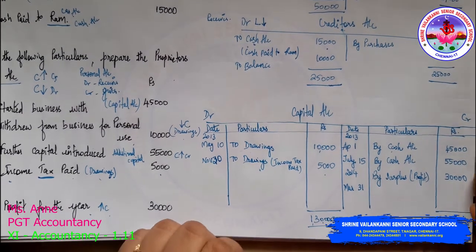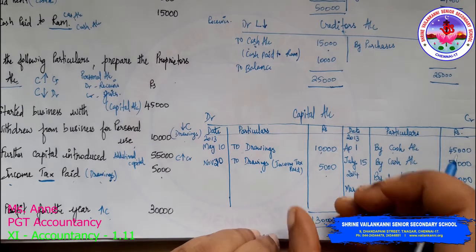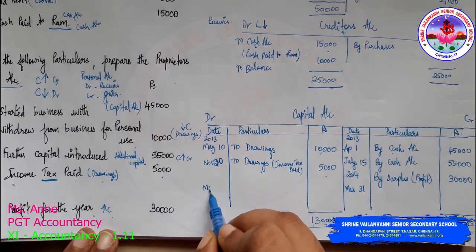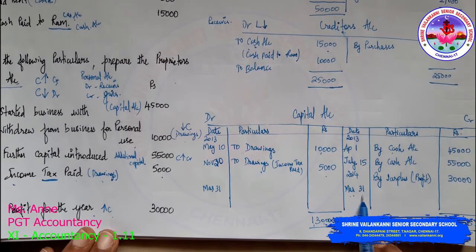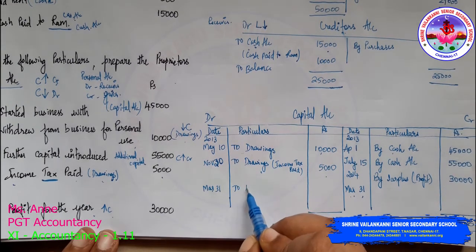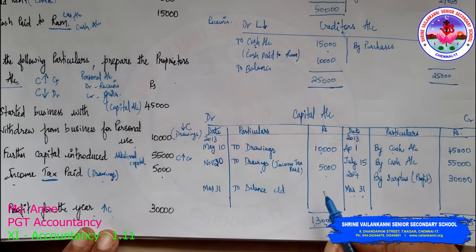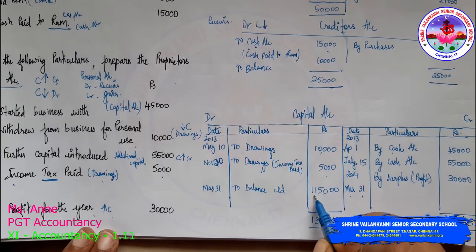The main objective of preparing an account is that we need to find the balance, right? We need to balance the account and find what is the balance here. So by March 31, because the last day of the financial year is March 31, to balance carried down is 1,15,000.